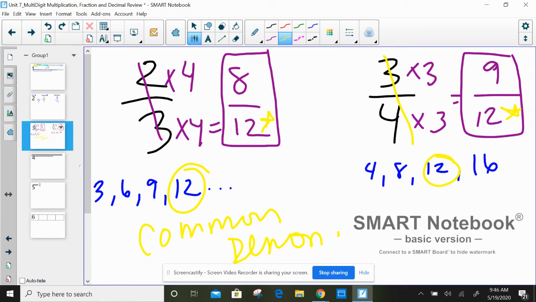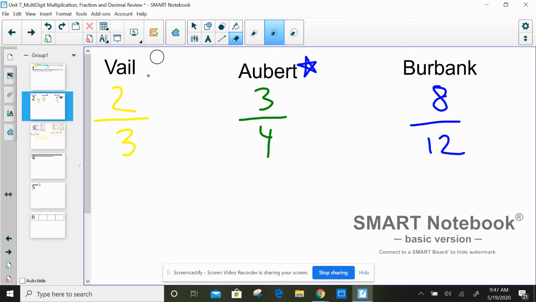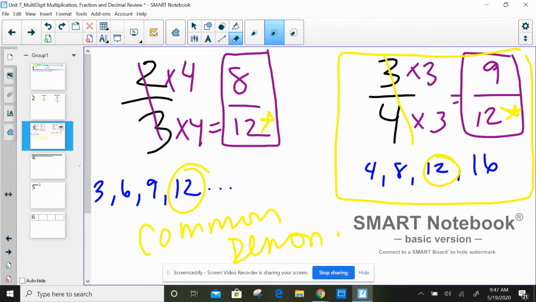Because now we have 8/12 compared to 9/12. This one over here is a teeny bit more. This 3/4 is a little bit more than 2/3. They are not equivalent, okay? I'm actually going to rewrite the new equations below, 8/12 and 9/12.